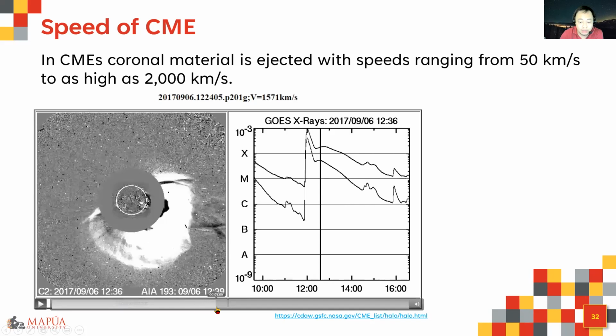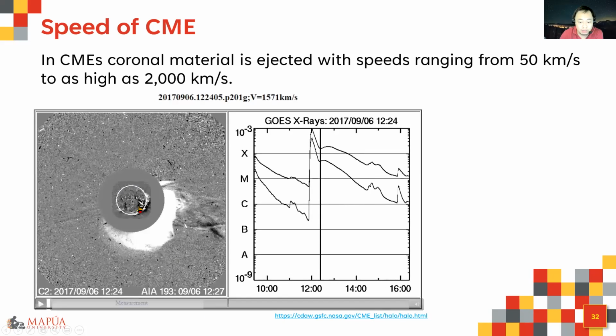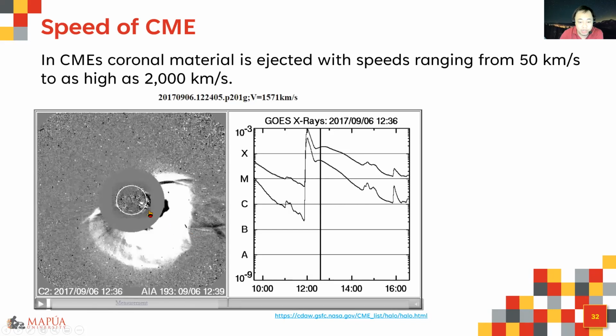Then you can actually measure these points and calculate the distance of this point from the center. On the next frame you can calculate how much it traveled from this point to this point in a certain direction.